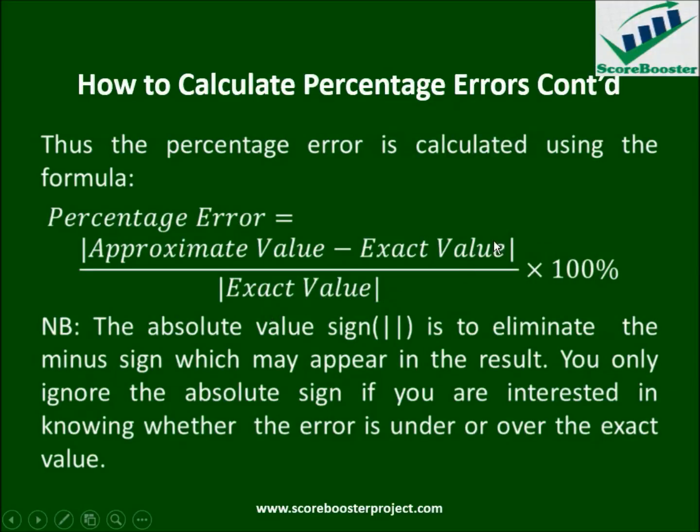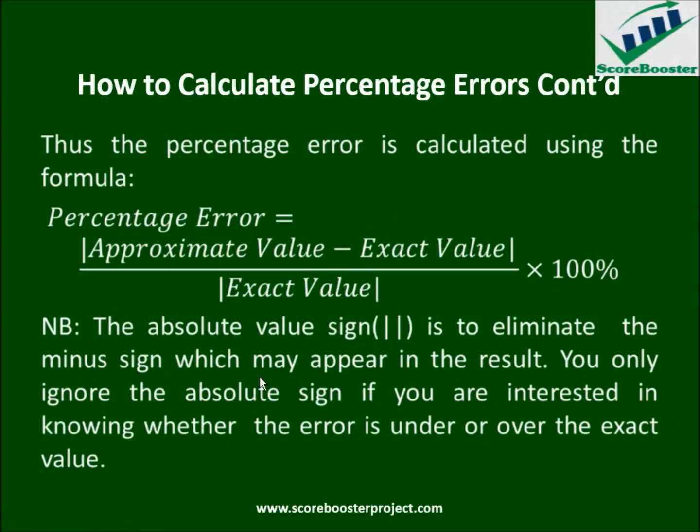So the absolute value of the error here is divided by the absolute value of the exact value, times 100%. By the time you substitute the values here and simplify further, you arrive at the percentage error.